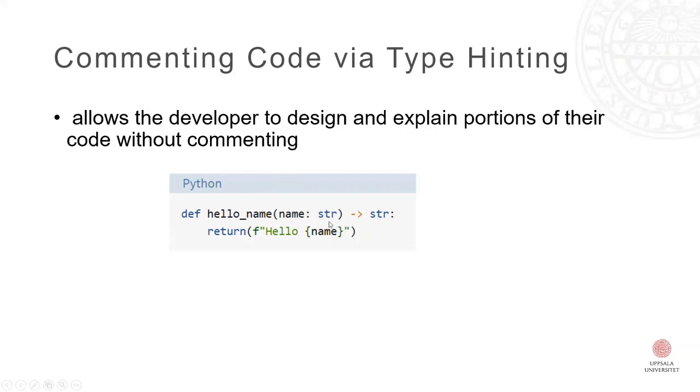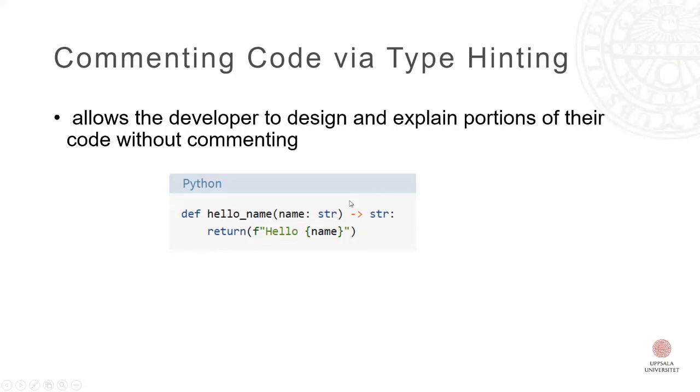Str is a keyword in Python, which means the data type string. And then after the input argument, there is an extra part here, which we don't normally have in function definitions. But this is, again, type hinting about the return data type of the function. It says that this function returns a string, and you see here easily it is returning a string.